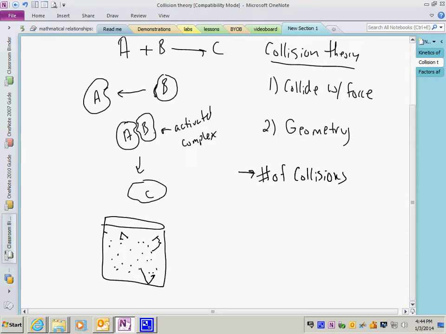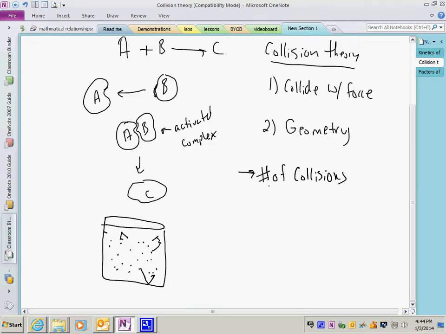Unless we have an actual enzyme that can take A and place it inside of B, we really can't control how A and B are going to bump into each other, rotating, spinning, and translating. So it's just a matter of chance that A hits B correctly, and there's a certain fraction of the collisions that would be in the right orientation.